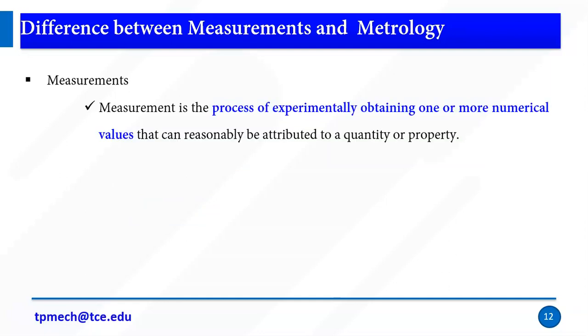Again, measurement is the process of experimentally obtaining one or more numerical values that can reasonably be attributed to a quantity or property. So measurement is a process, right? We measure experimentally, and after measurement you get some numerical value that defines the object, like length, breadth, thickness.